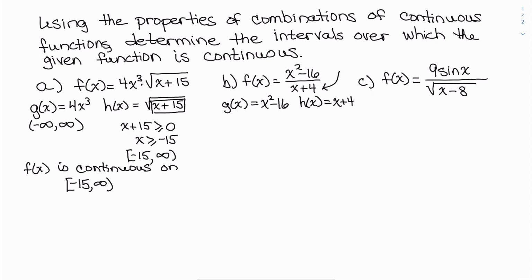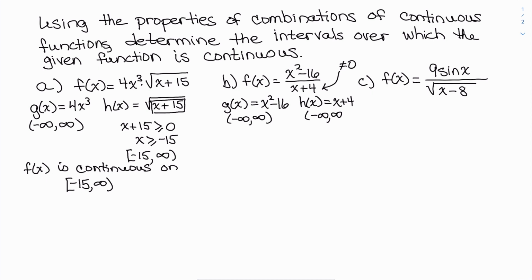Also, you have to make sure that the denominator is not equal to 0. So g of x, a polynomial, x squared minus 16, is continuous through all real numbers, so negative infinity to infinity. h of x equal to x plus 4 on its own is also continuous from negative infinity to infinity.